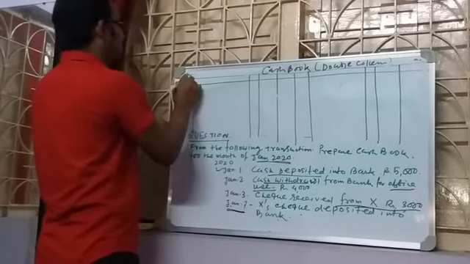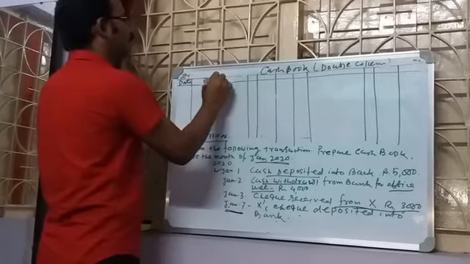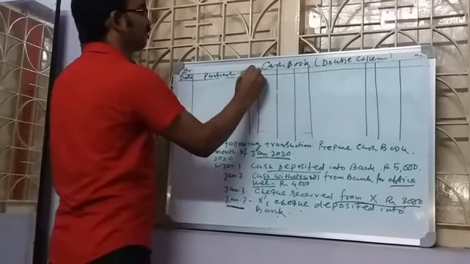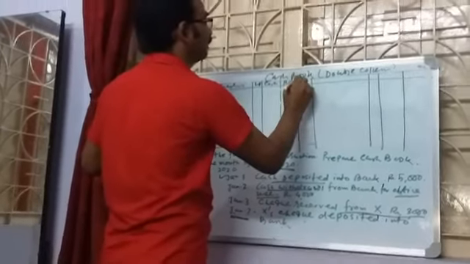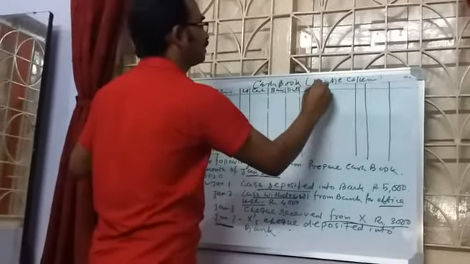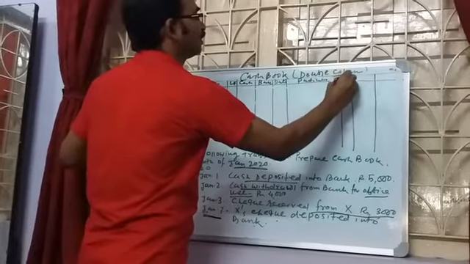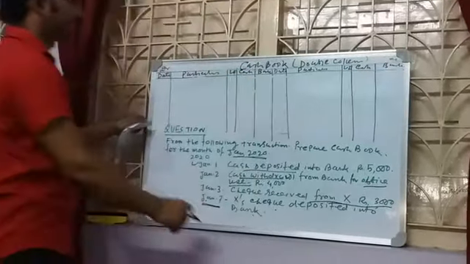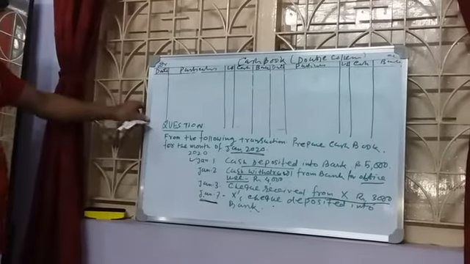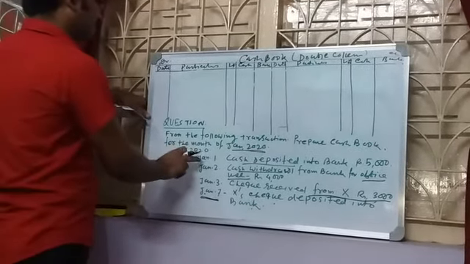Here is the date, second one is the particulars, third one is LF, this is cash, this is bank. Again this is date, this is particulars, this is LF, this is cash and this is bank. Clear on this? So now it is Jan 1.